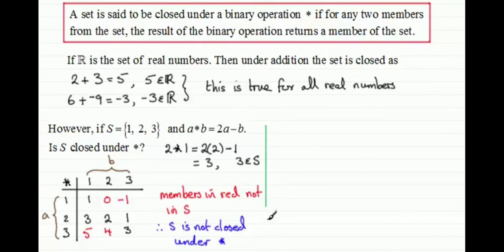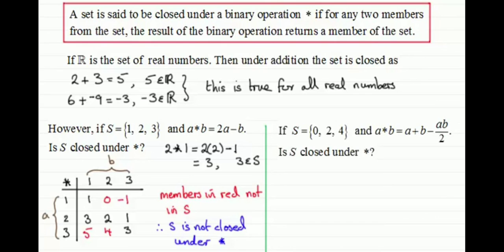Let us see another example. If S is equal to 0, 2, 4, a star b is defined as a plus b minus ab by 2. Now we are going to check whether S is closed under star.